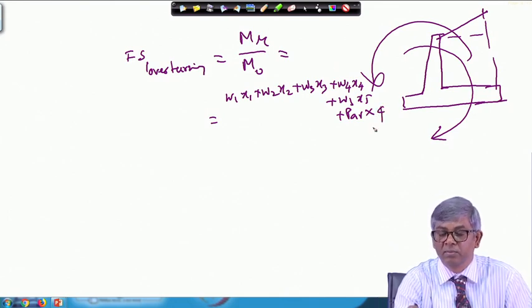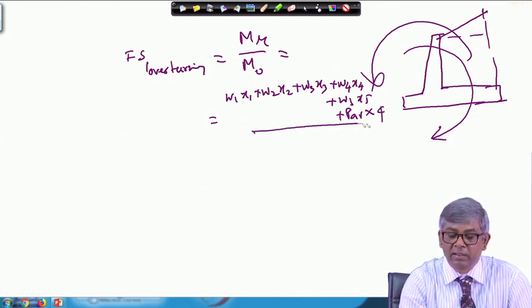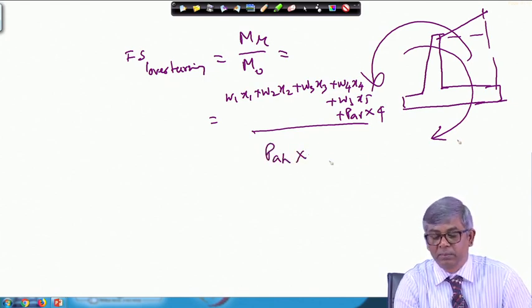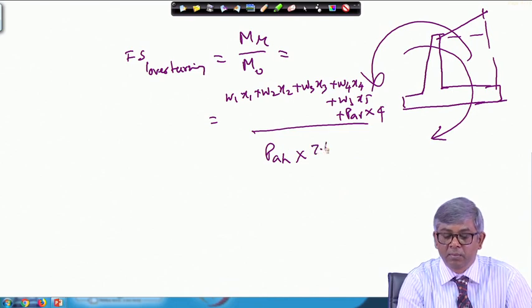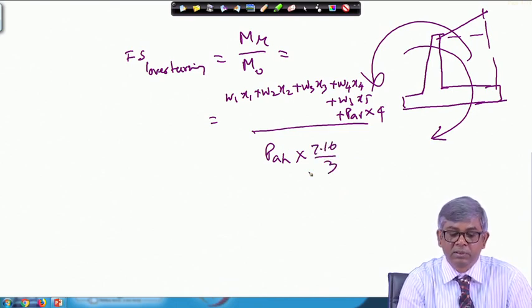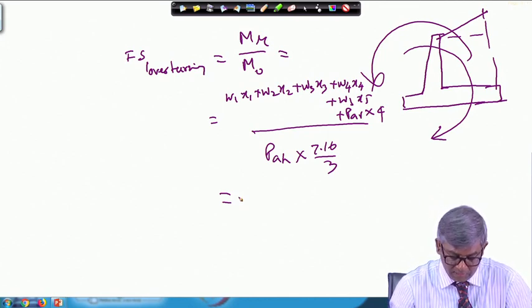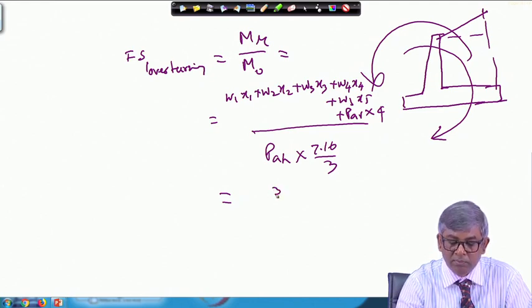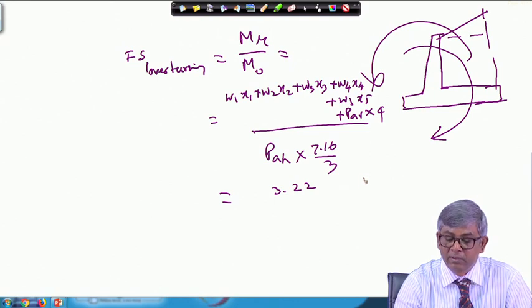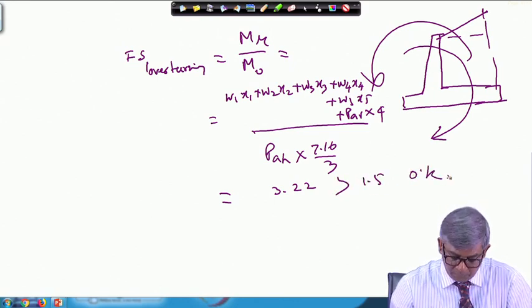So, it will be 4, divided by M overturning, which will be P A H multiplied by 7.16 by 3. So, if I do that, the factor of safety against overturning will come to something like 3.22, and it is quite a big value; its expected value is 1.5. So, greater than that, it will be okay generally.